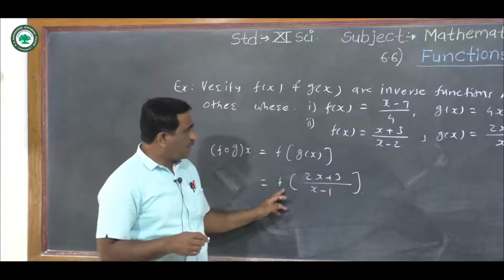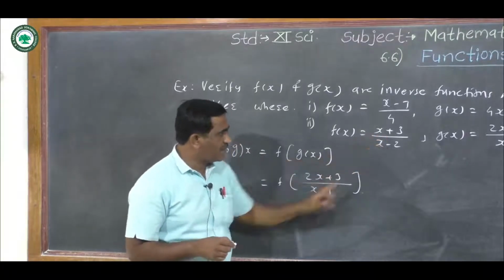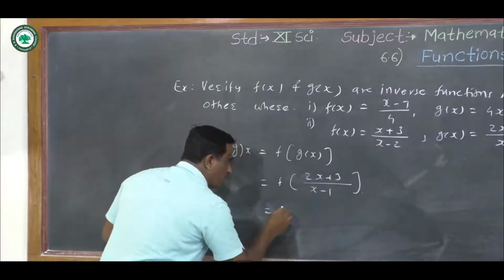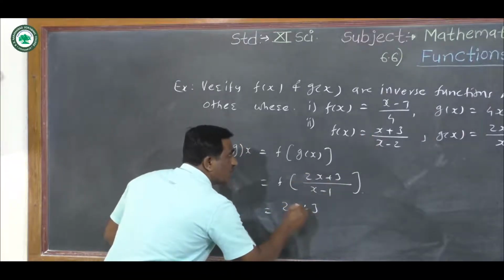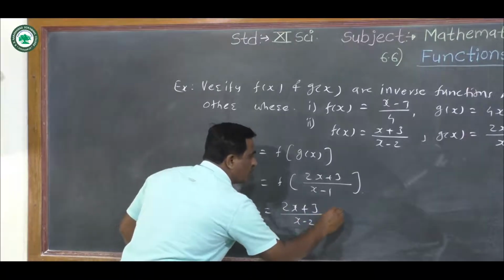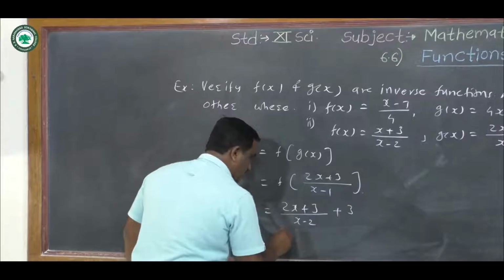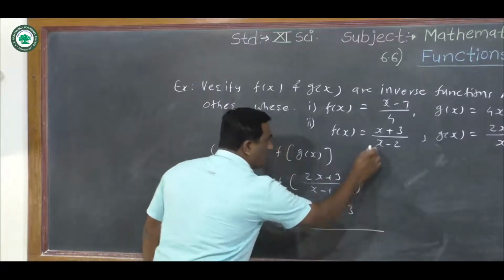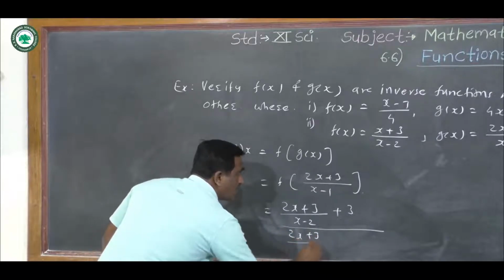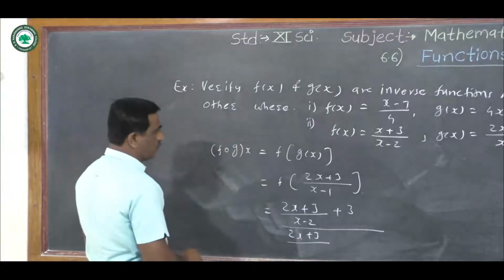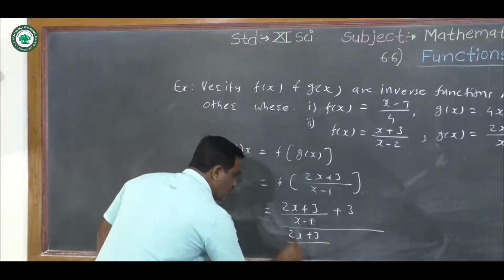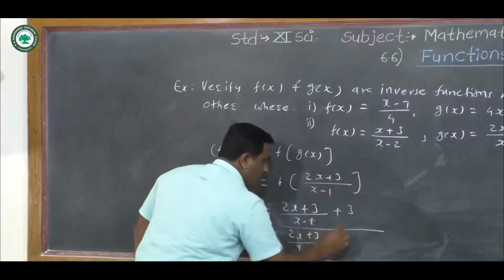Now here is the LHS, we can write the RHS: 2x plus 3 upon x minus 1, minus 2x plus 3 upon x minus 1 plus 3 as it is, upon 2x plus 3 upon x minus 1 minus 2, with x minus 1 upon x minus 1 minus 2.